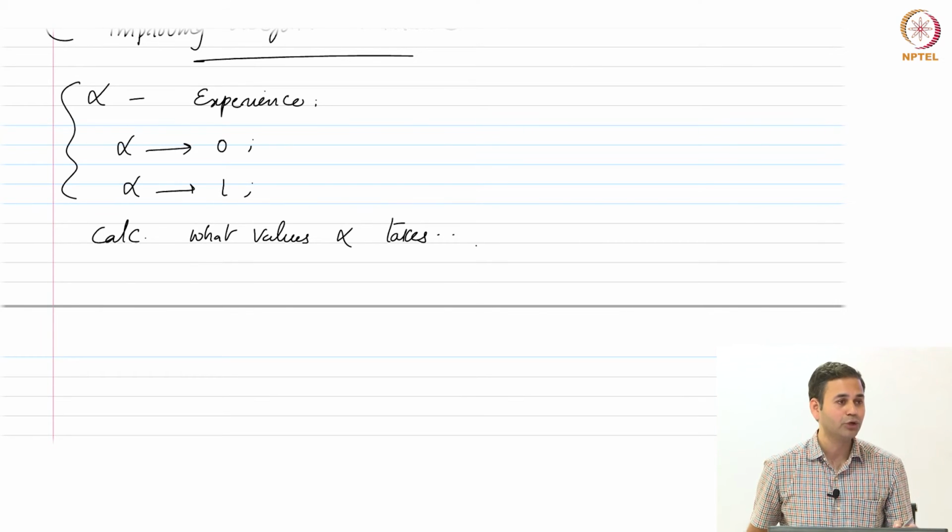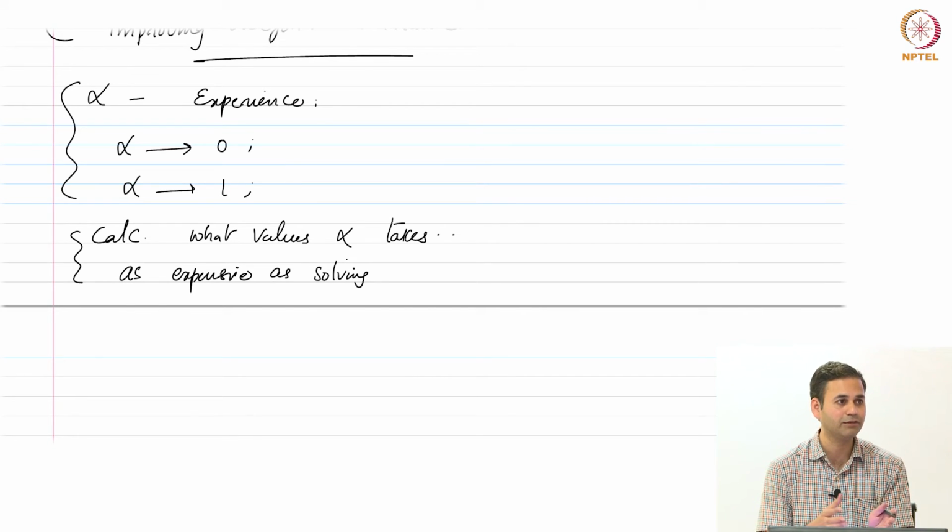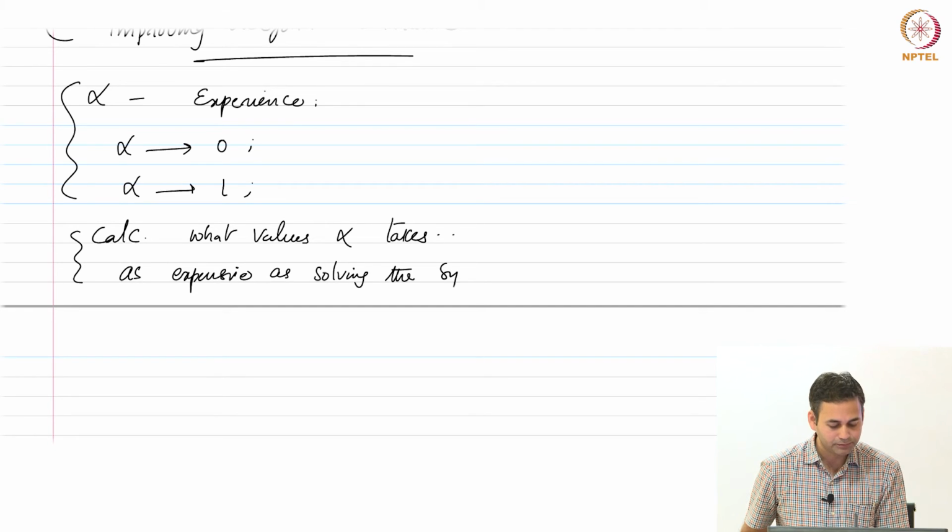So, that is why you do not dwell too much on what alpha should be and what I should take it after so many iterations. That will basically make it computationally as expensive as solving the system, okay. So, you are happier to just solve the system with some alpha than trying to work out what the alpha value should be.